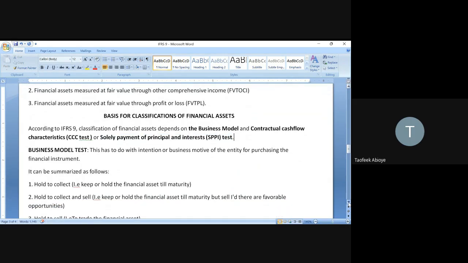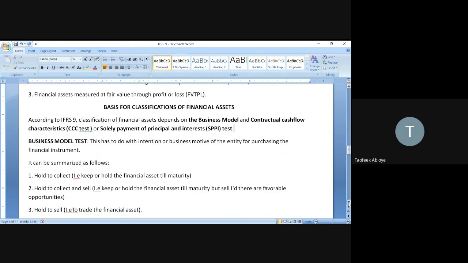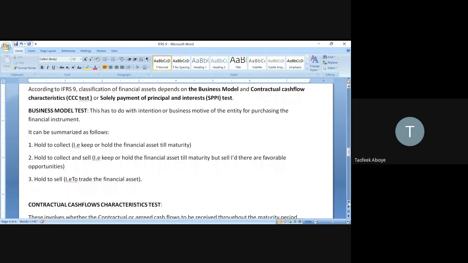Number one, what is the business model? This has to do with the intention of holding the financial asset, and it can be summarized as follows. Number one is hold to collect. I made an example the other time that I want to invest in one company, First Bank.